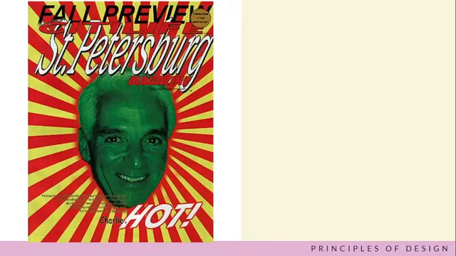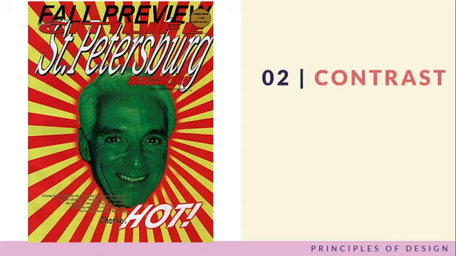Have you ever looked at something that makes your eyes hurt? A magazine cover, for example, that had a red background with a red text. Or a newspaper ad that is barely legible because the dark gray text was printed against black. These are examples of lack of contrast, which is the next principle of design.